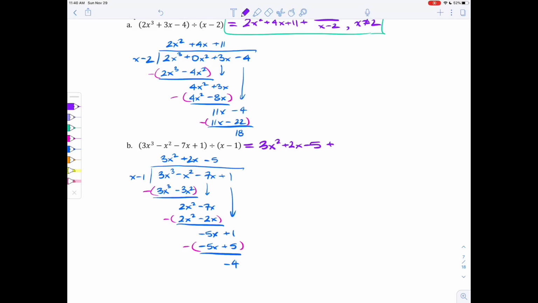You could say plus negative 4 over x minus 1, but it's probably better form to just write that as subtracting 4 over x minus 1. And this is true so long as x does not equal 1. Let's put a box around that.